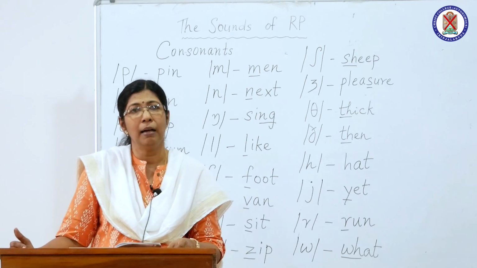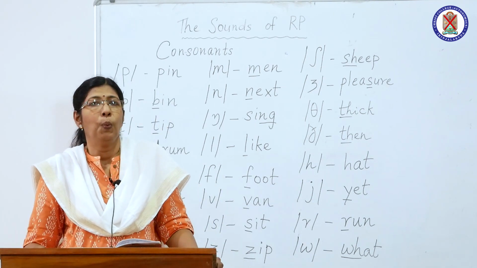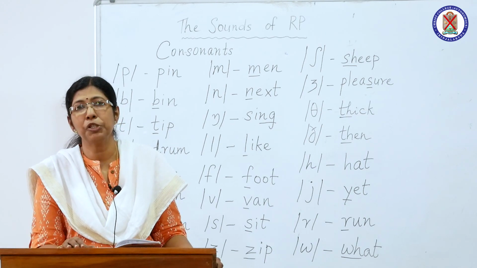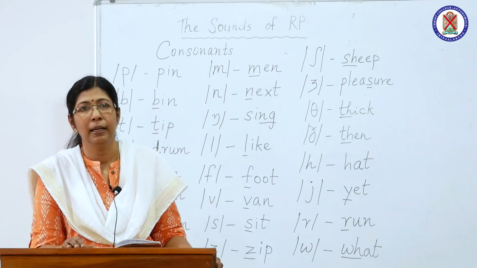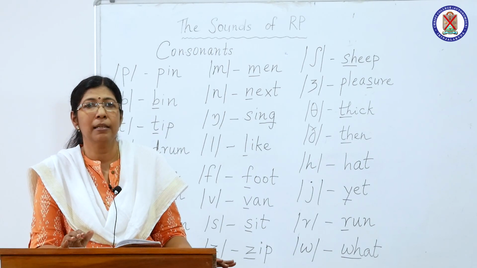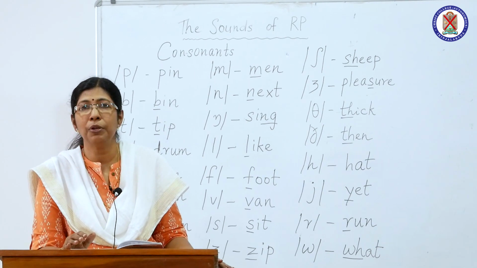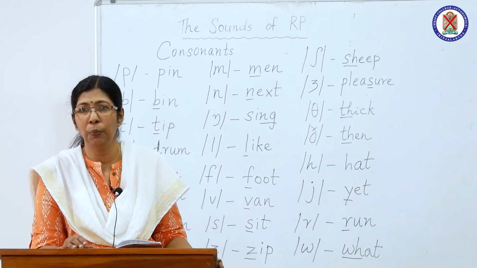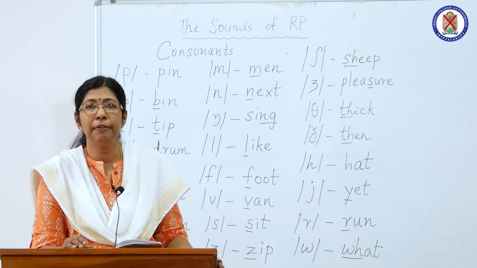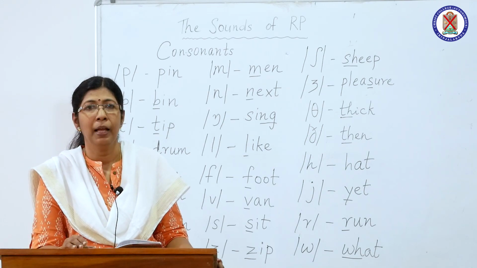So, in this class, we took a look at how the International Phonetic Alphabet, consisting of the letters representing the sounds of all the languages spoken in the world, was devised by the International Phonetic Association.